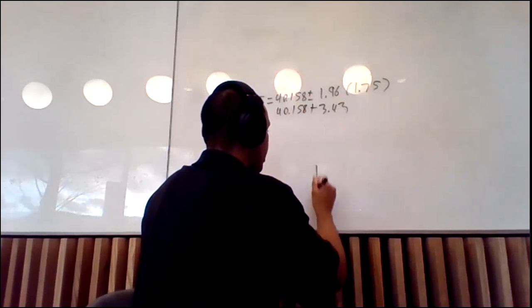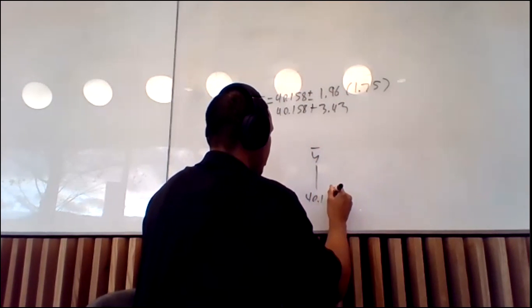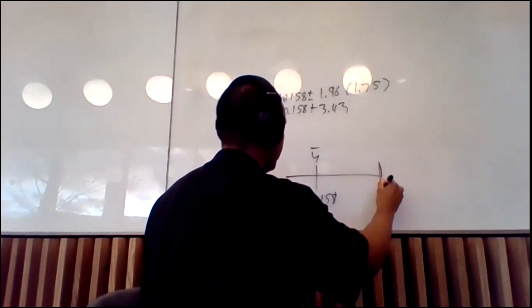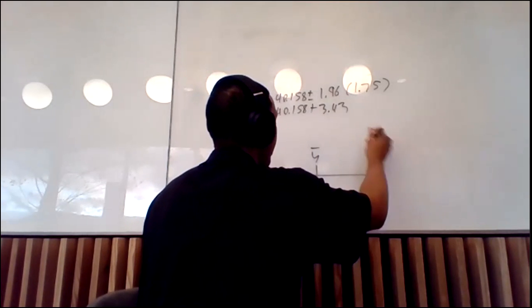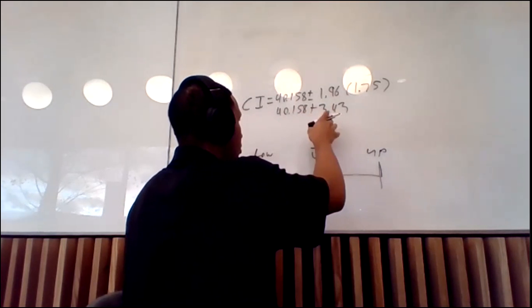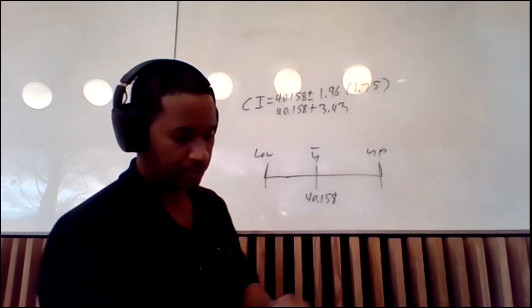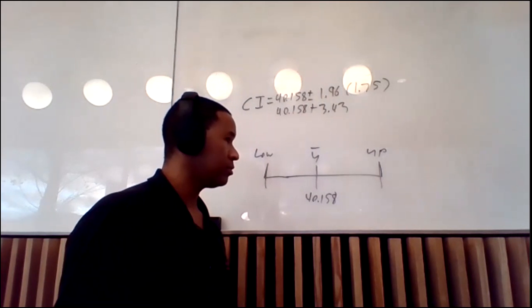We're going to first find the upper bound. So we got the sample mean is 40.158. Then we go ahead and find the upper and the lower. So for the upper, you would add 3.43. When you add 3.43 to 40.158, what do you get? 43.588.